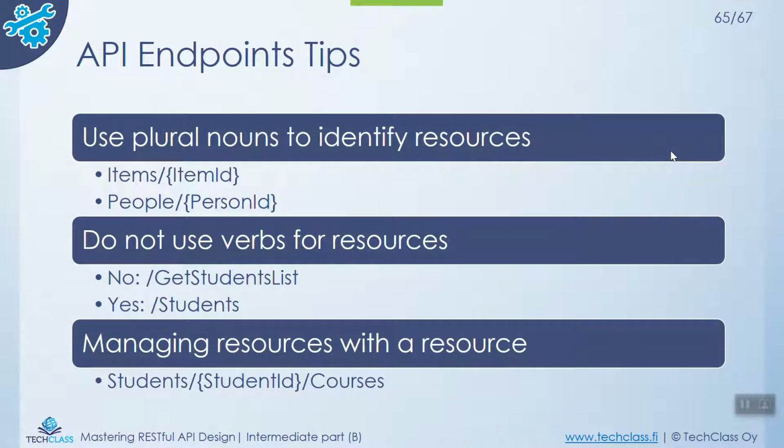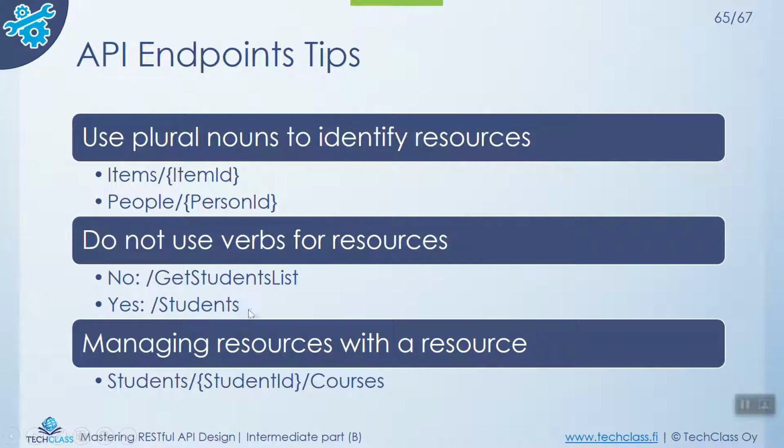And here we have some API endpoint tips. As we said, use plural nouns to identify resources. Here you have items instead of item, and people instead of person. And do not use verbs for resources, like get a student list. Remember, this is not SOAP, this is REST.